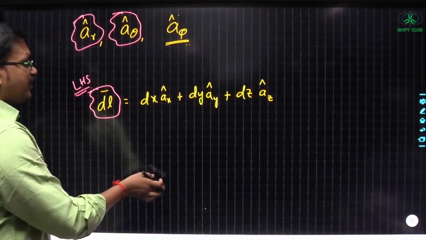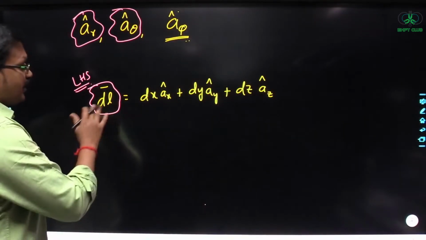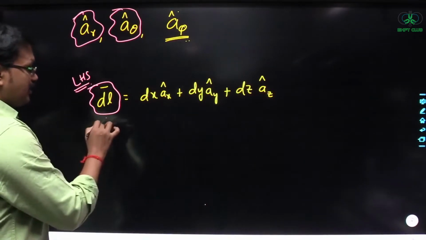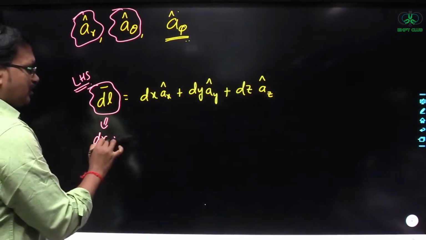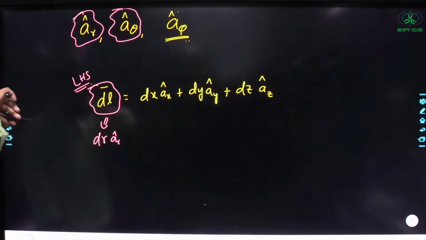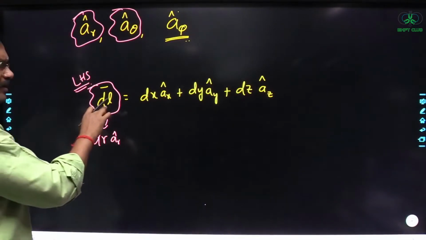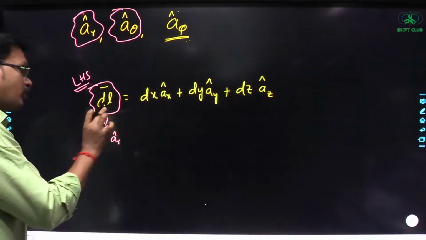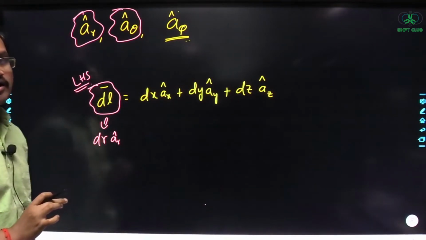By varying only r, the differential length you get is dr a_r cap.